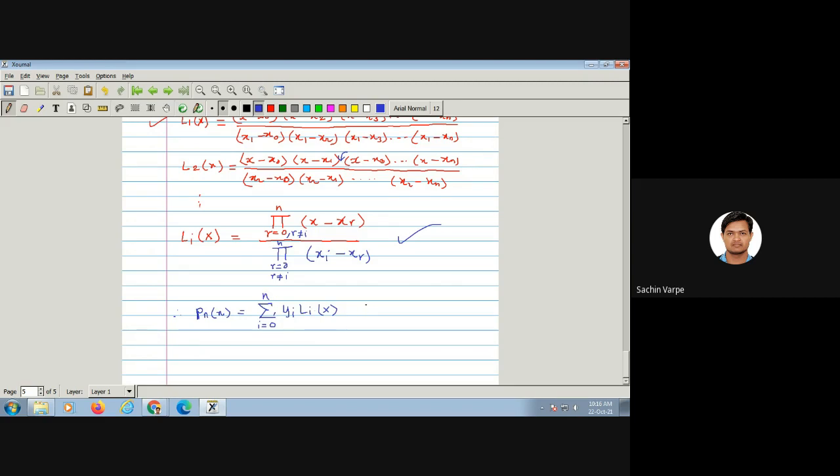So this will be your Lagrange's polynomial. For example, if I split the summation, that will be y0 L0 of x plus y1 L1 of x plus, and so on, yn Ln of x.